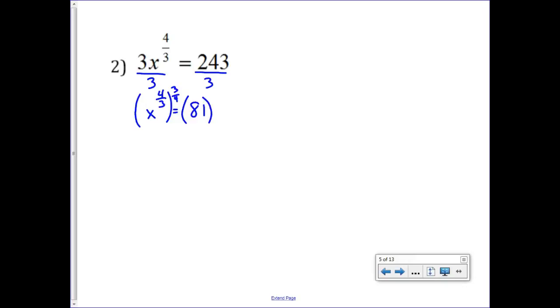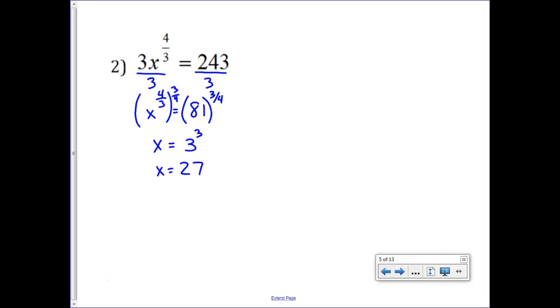So I'm going to multiply this side by 3/4 as well. So I have x equals the 4th root of 81 to the 3rd power. So the 4th root of 81 is 3 to the 3rd power then, so x equals 27.